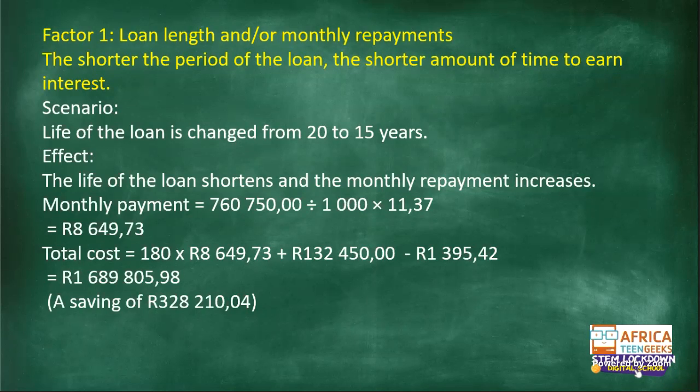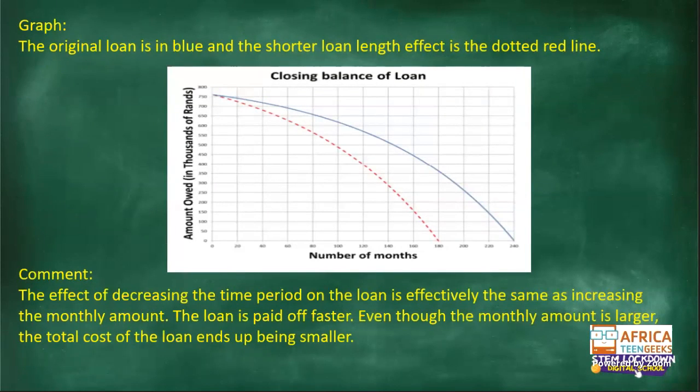And then you add the original amount there, and then you subtract 1,395. You shall have saved more than 300,000 rands there. And of course, if you look at this graph, this is the original graph, just to show the closing balance on the loan.